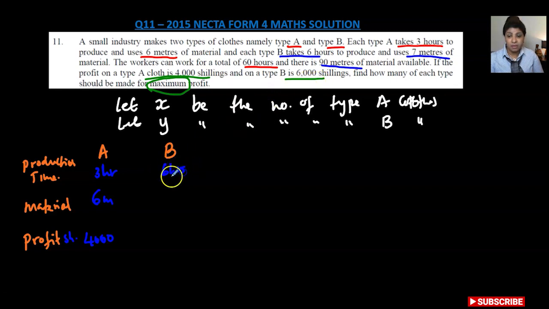It must be a bridal dress or something, 6 hours to make. It takes 7 meters of material. And the profit for each item if you sell it is 6,000 shillings. So we've got all our data here on the table.